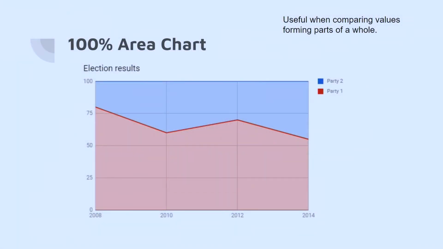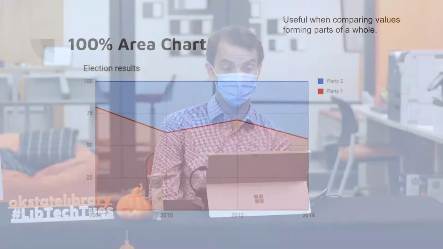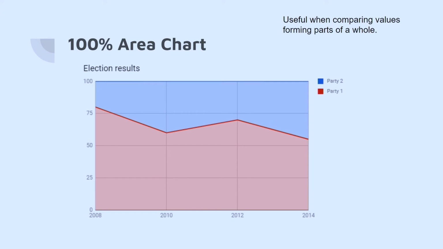Okay, another type of chart I want to highlight is the 100% area chart. This is a really useful chart as we approach election season, especially in this country where we have two dominant parties and no really viable third party options, where we're mainly interested in relative values, or that the two add up to 100%.